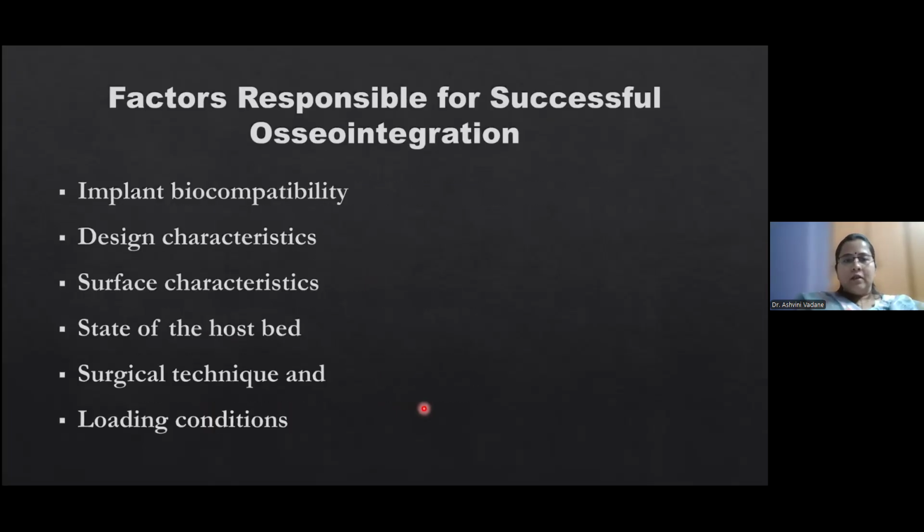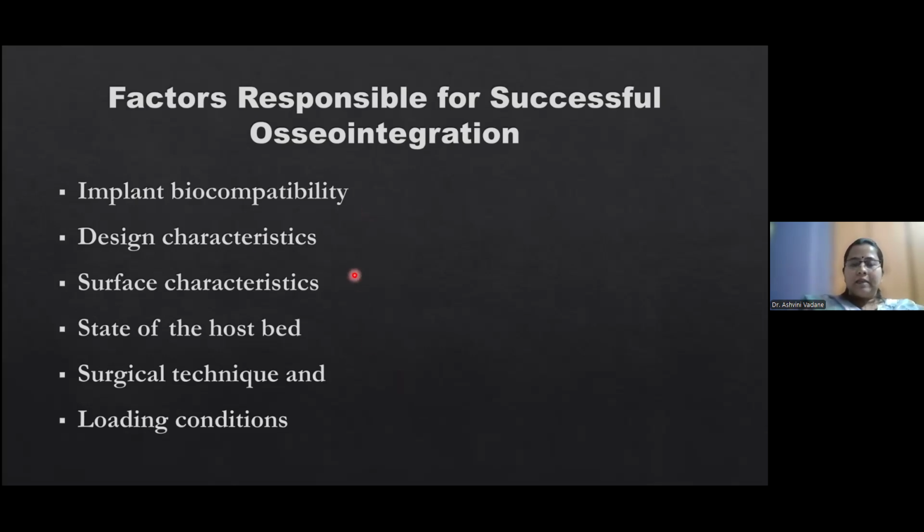These are the stages. Now, the factors which are responsible for successful osseointegration. The first one is implant biocompatibility, which means the implant which you are going to place in the oral cavity should be biocompatible. The oral tissue should accept it.